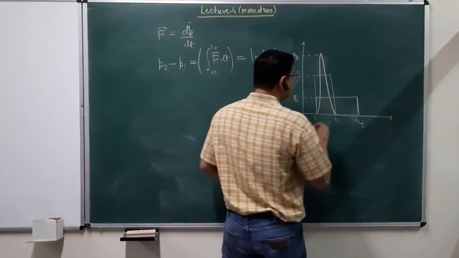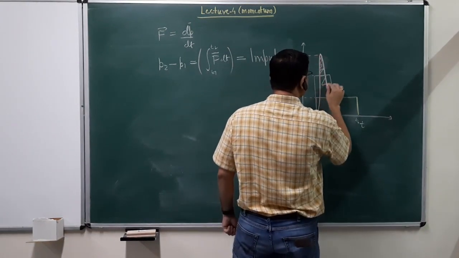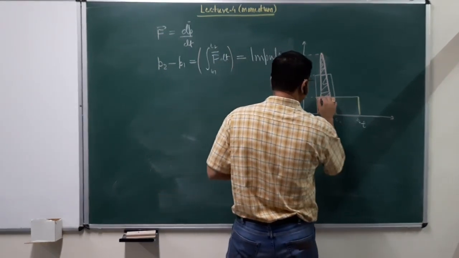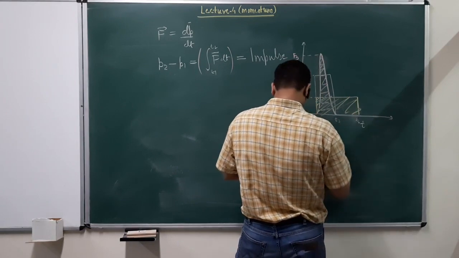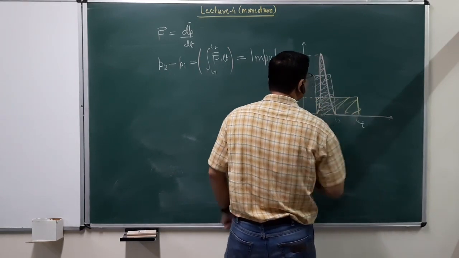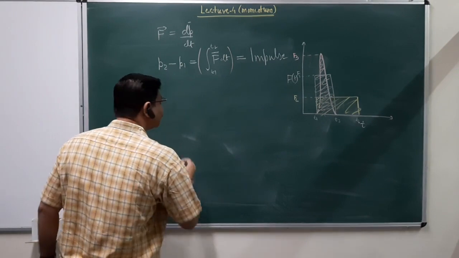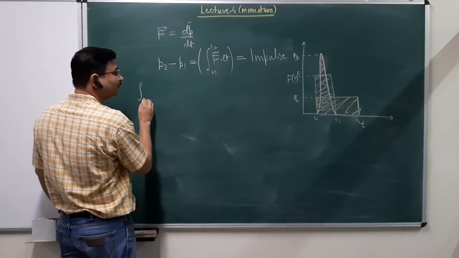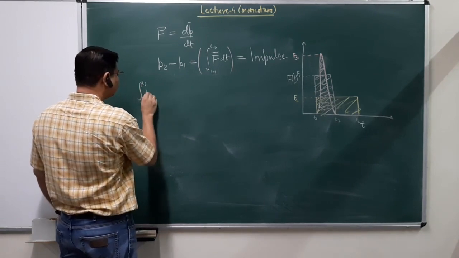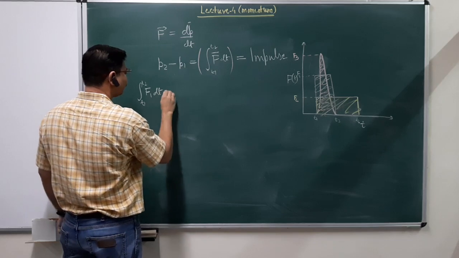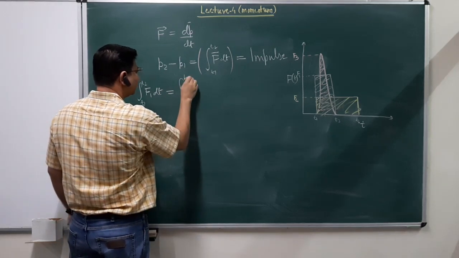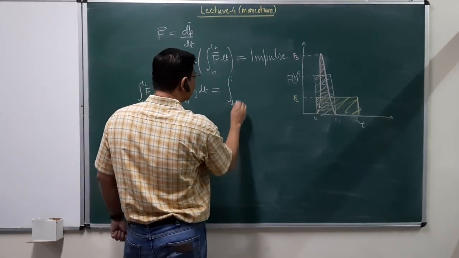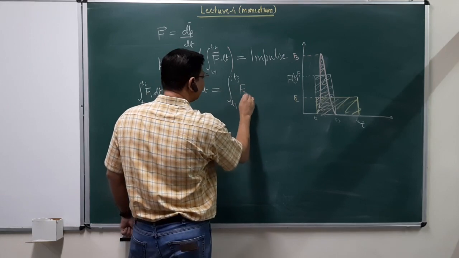So graphically, what that means is, as long as the area under these curves, and similarly under this curve, is the same, then what we can say is the integral from t1 to t2 of f1 dt is the same as the integral from t1 to t2 of f3 dt, which is the same as the integral from t1 to t3 of f2 dt.